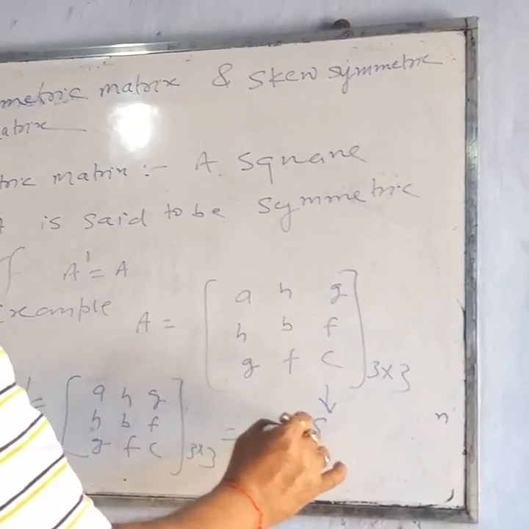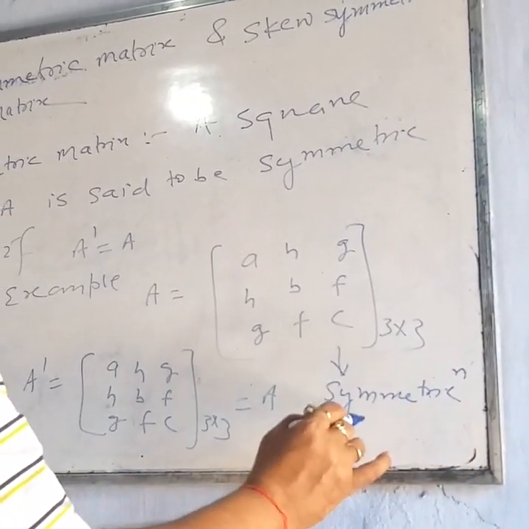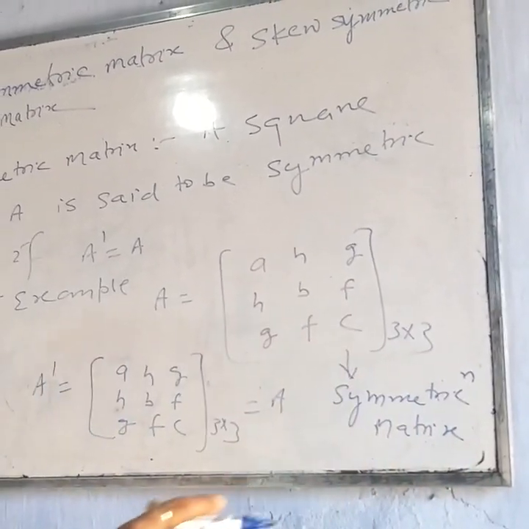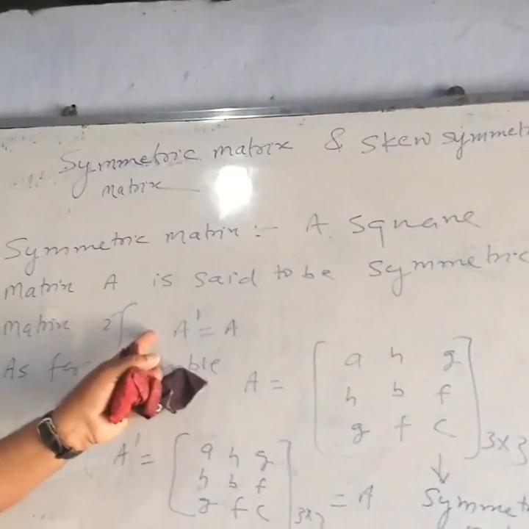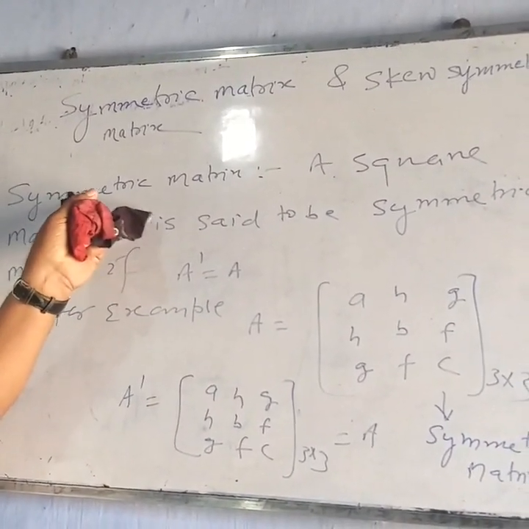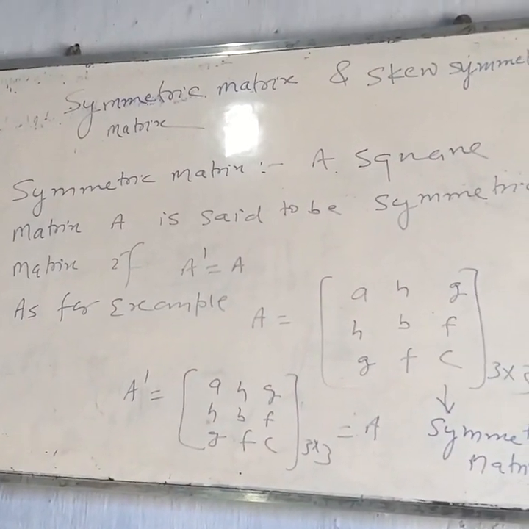So any square matrix satisfying this condition is called a symmetric matrix.